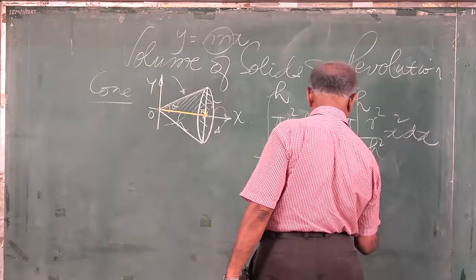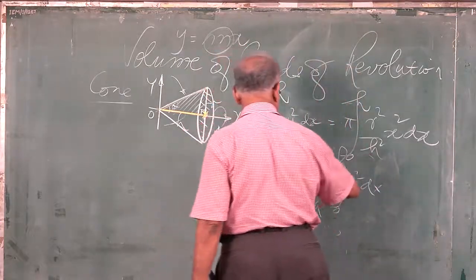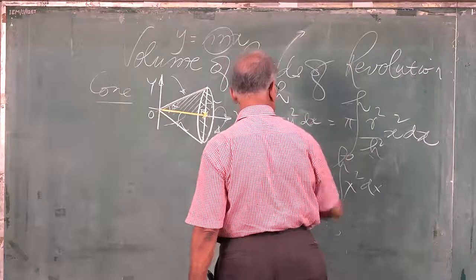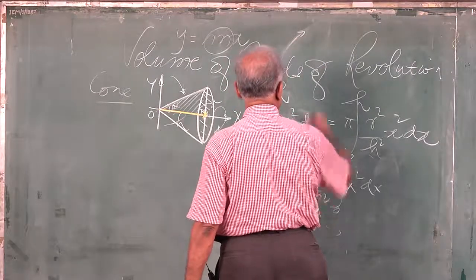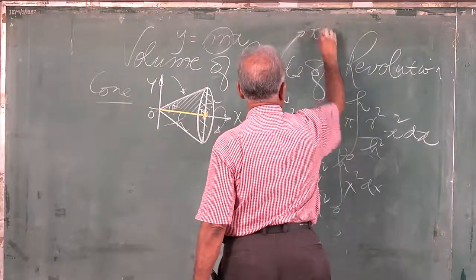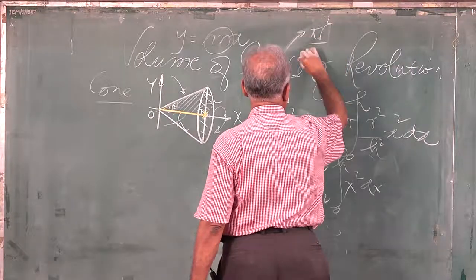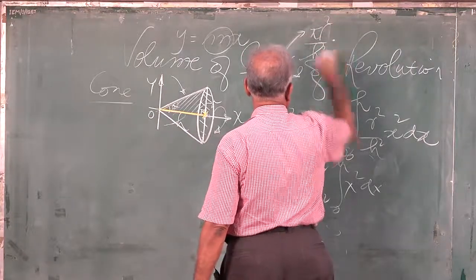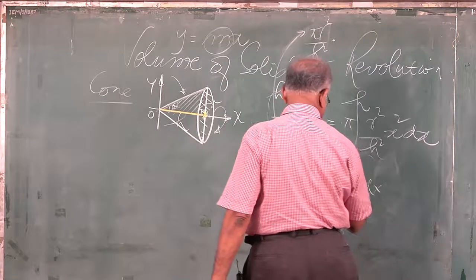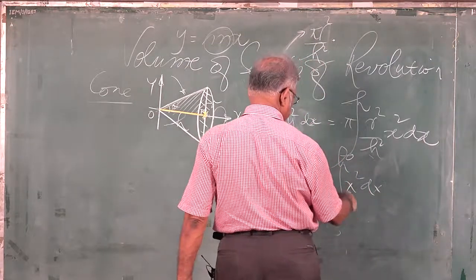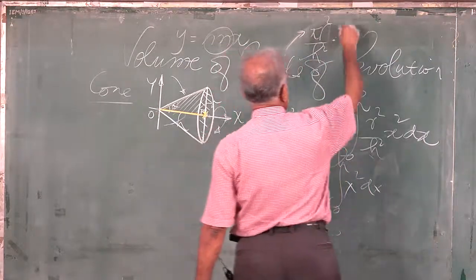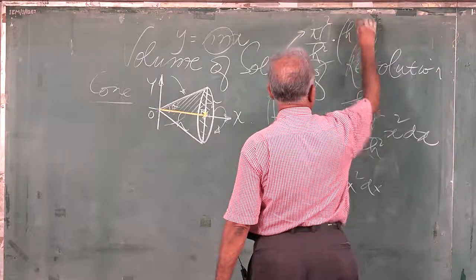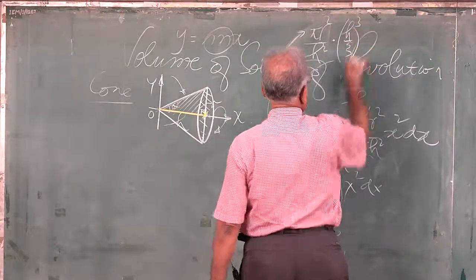One can see that this is nothing but pi r square over h square into x cube by 3 integrated from 0 to h. So, that will be h cubed by 3.